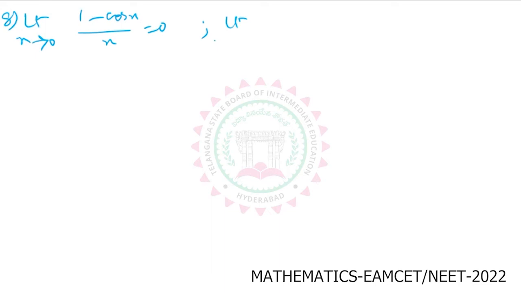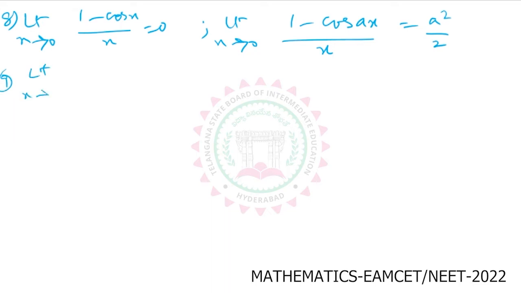Limit x tending to 0, 1 minus cos ax by x is equal to 0. Right? So next is limit x tending to 0, 1 minus cos nx by 1 minus cos mx is equal to n square by m square.